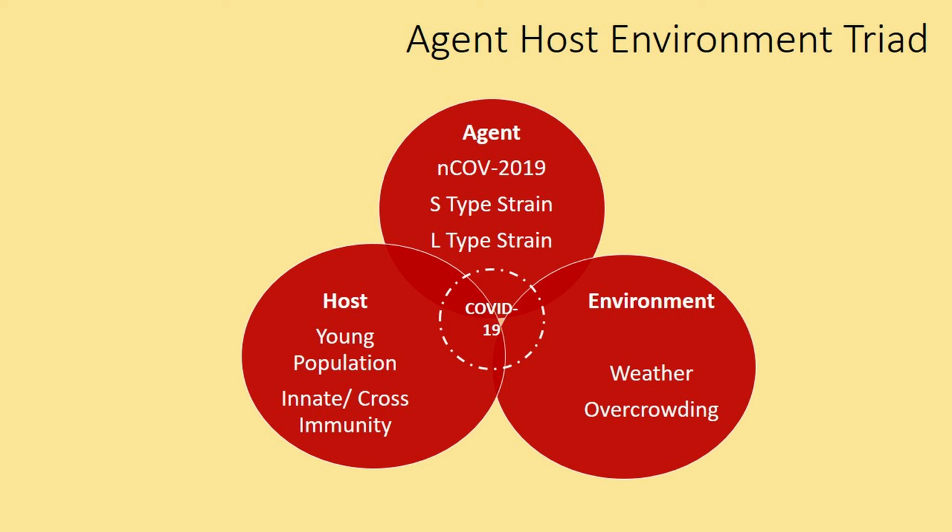And then there is the talk of the L-type strain, which is seen to have lower fatality rates, maybe lower virulence, but maybe more infective. We need more data on this, whether the Indian subcontinent has more of the S-type strain, L-type strain or something totally new. We need to watch out for this space. This is on the agent.